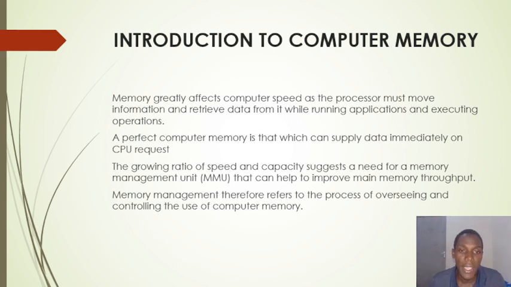So we also say that the growing ratio of speed and capacity suggests a need for a memory management unit that can help to improve memory throughput. So we've seen data volumes are increasing, data capacity and speed is also increasing.